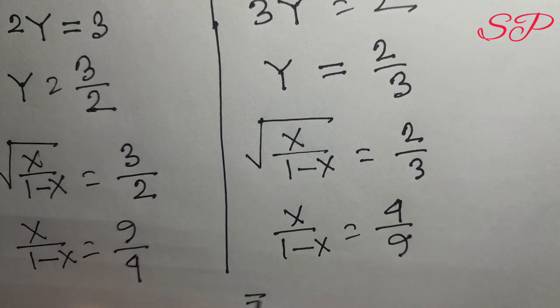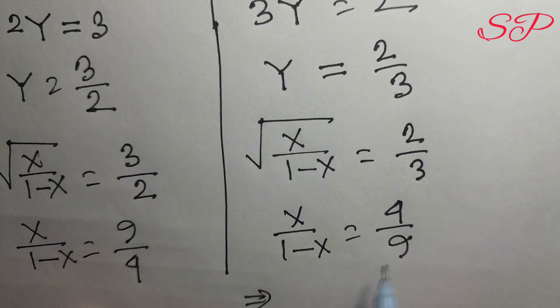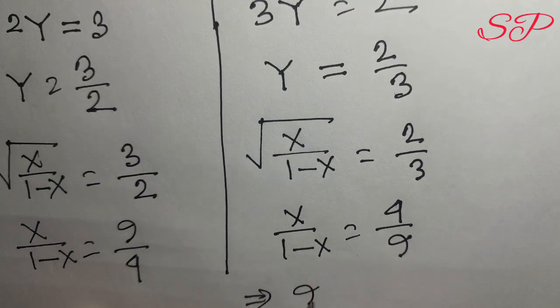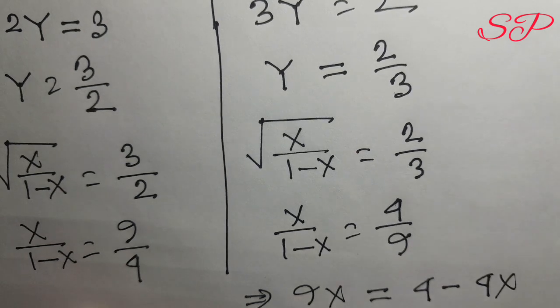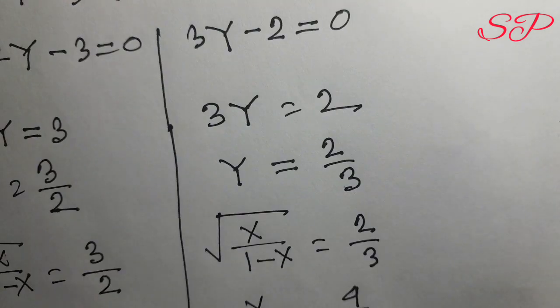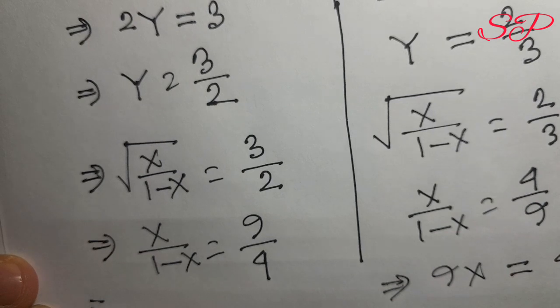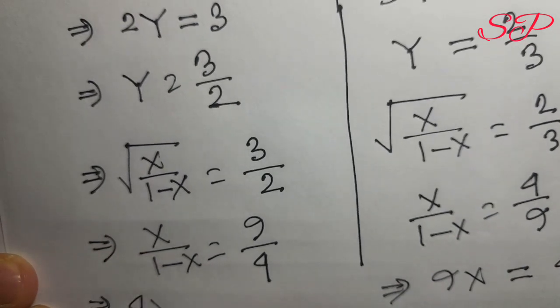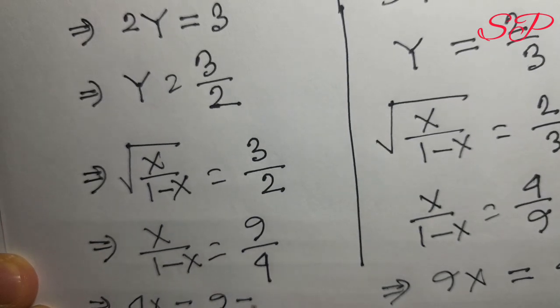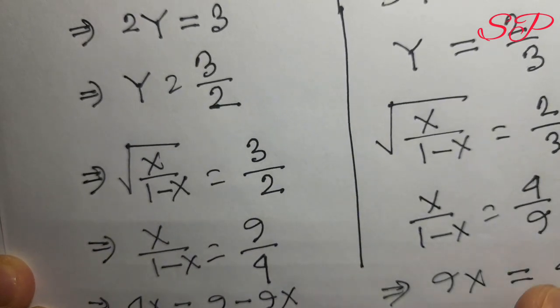Multiplying, we can write 9x is equal to 4 minus 4x. And from the earlier equation we can write 4x is equal to 9 minus 9x.